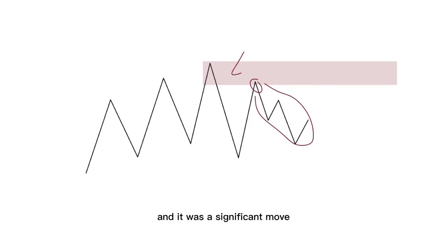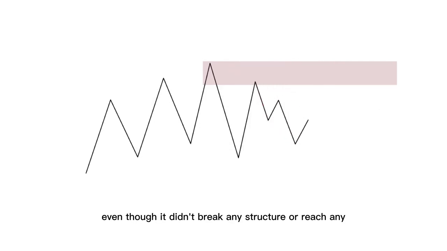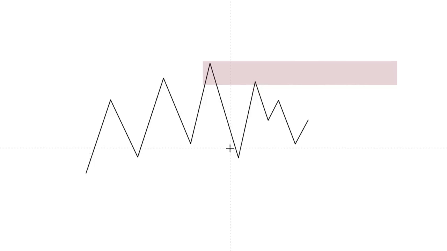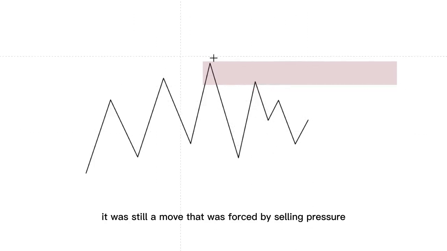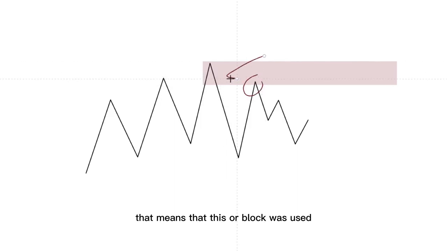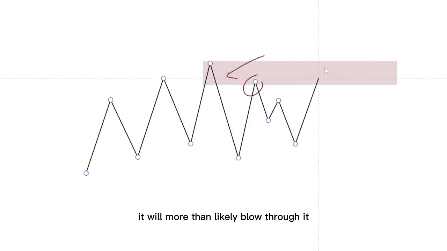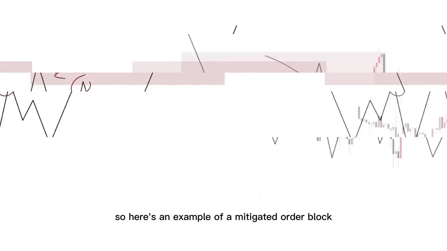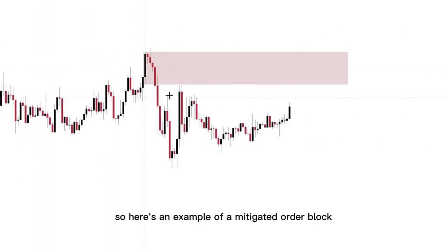And it was a significant move, even though it didn't break any structure or reach any discounted level or anything like that. It was still a move that was forced by selling pressure. So the fact that we can say that sell orders were injected here means this order block was used. So when price approaches this level again, it will more than likely blow through it, and this order block will not hold.